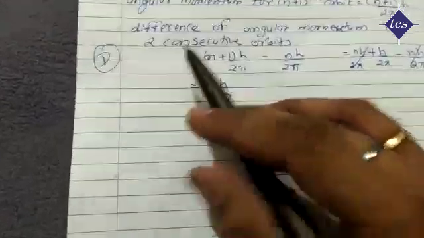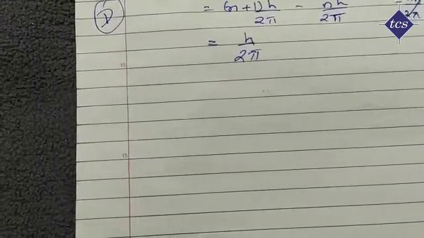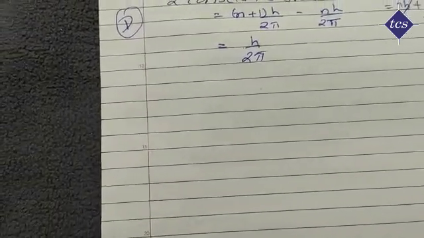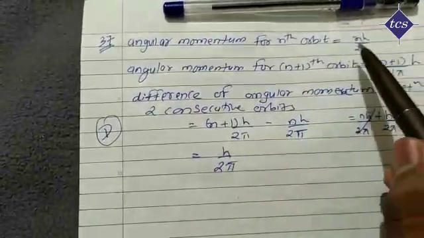Then next, question number 37. It is given: what is the difference of angular momenta of an electron between two consecutive orbits in a hydrogen atom? So as per Bohr's second hypothesis, angular momentum is given as nh upon 2 pi.